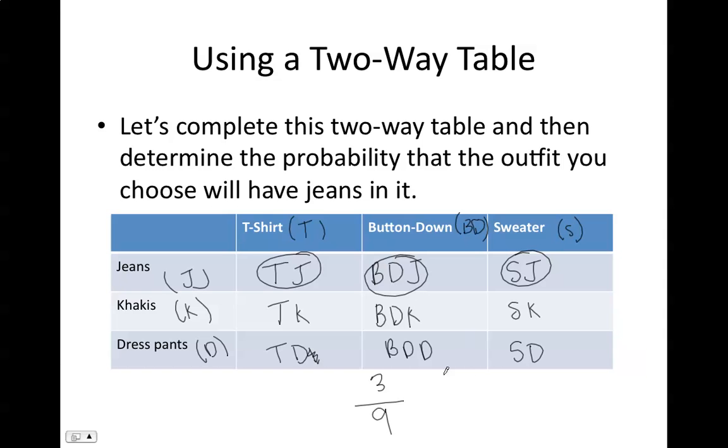I could just count the different matches, which would give me 1/3, which matches what we said in Lesson 3 using the tree diagram. So this is just another way to represent your possible outcomes. So we have a 1/3 chance that the outfit we choose would have jeans in it.